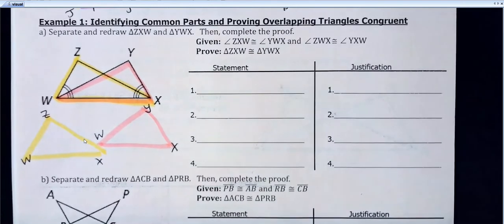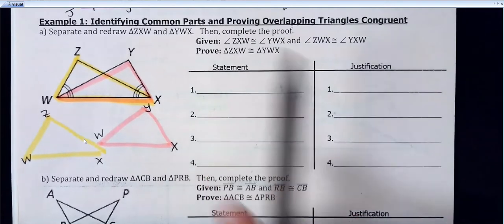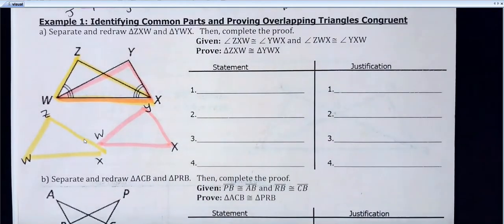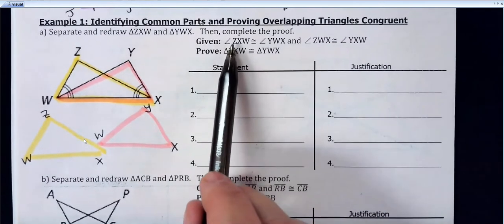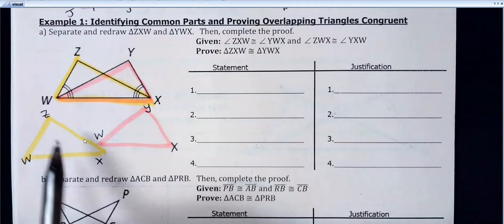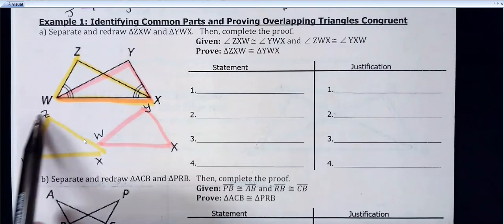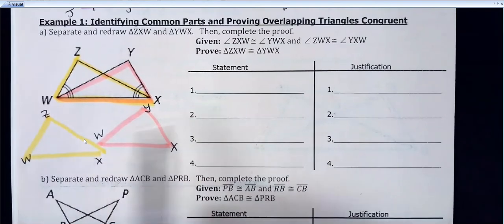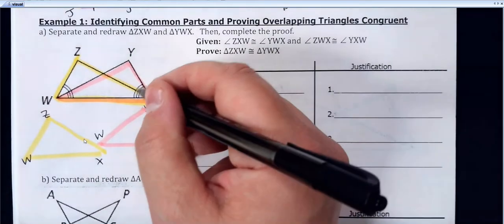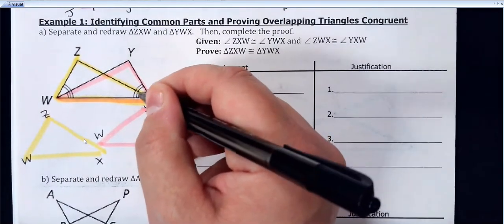So in the directions, just because they are overlapping in the original picture, I had to be really specific about what angles I was talking about. But this says angle ZXW. So ZXW is going to be in my yellow triangle. The middle letter is going to be your vertex, and you guys can maybe see this in the original drawing.